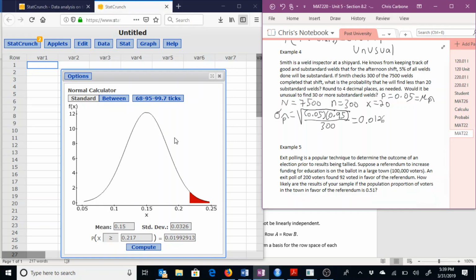So for something like that, we need p hat. p hat is going to be equal to 20 over 300. And then that value will be about 0.067.